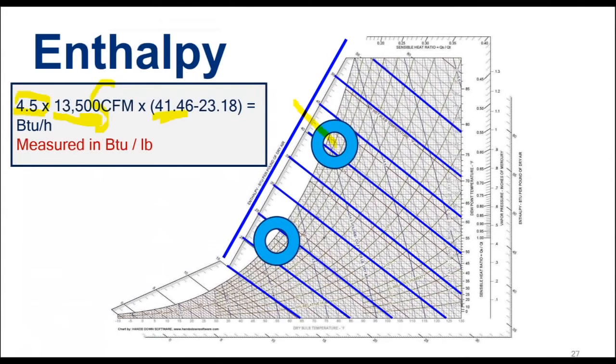This lower condition has an enthalpy of 23.18. And so the difference of those two times the amount of air that we have times the constant of 4.5 is going to tell us how much energy is going to be applied to that airstream in BTUs per hour to go from the higher enthalpy condition to the lower enthalpy condition.